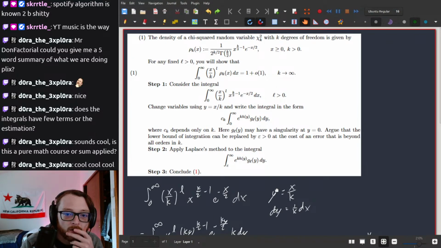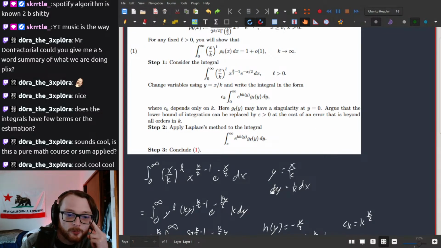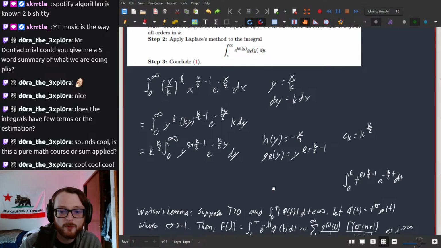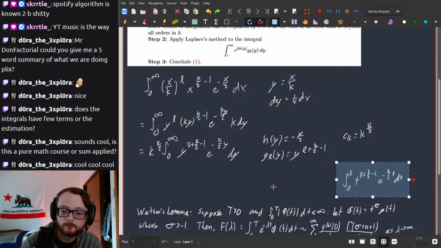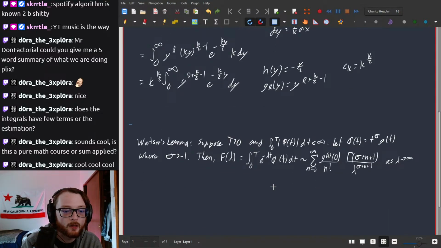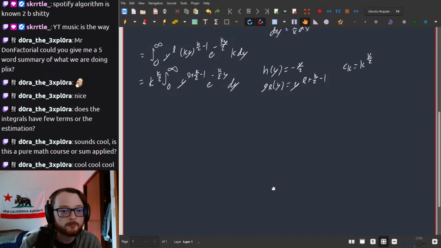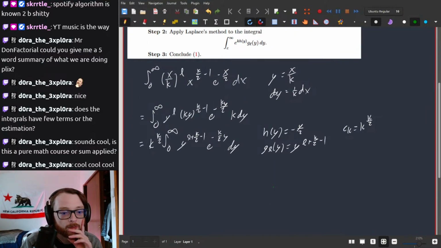Beyond all, we are sending K to infinity. So I'm kind of confused why we need to even do this in the first place. Okay, maybe integration by parts is what we want. I'm not sure if Watson's lemma even applies here.